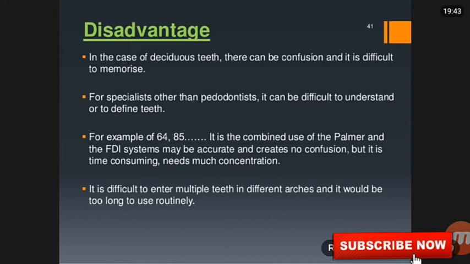For example, 6485, the combined use of the Palmer and the FDI system may be accurate and creates no confusion, but it is time consuming and needs much concentration. This system needs more concentration to memorize. It is difficult to enter multiple teeth in different arches, and it would be too long to use routinely.